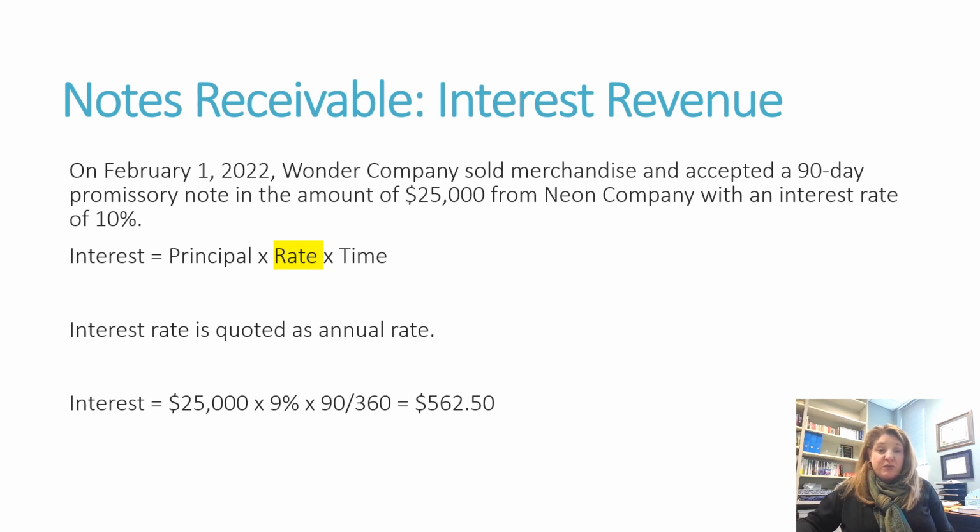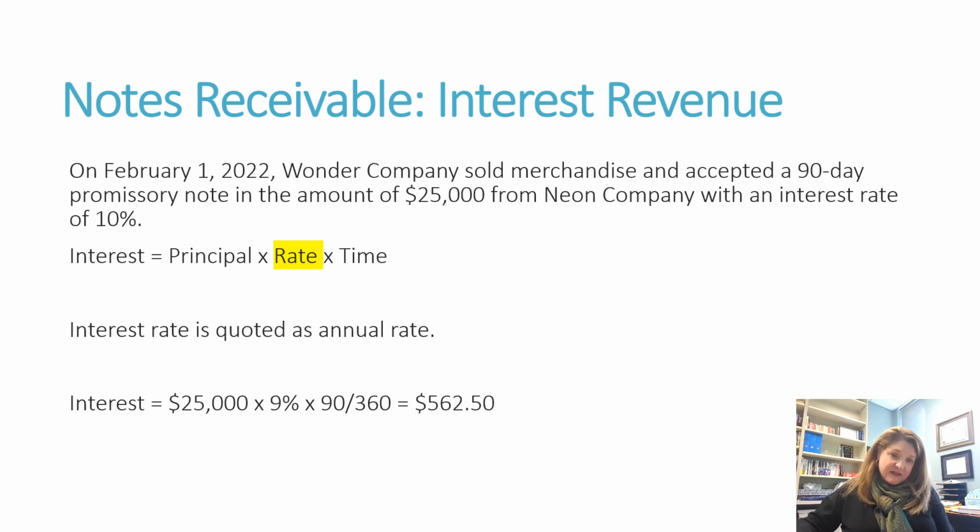So the sale took place on February 1, and we can calculate interest by saying interest equals principal times rate times time. We know that the principal is the $25,000, the annual interest rate is 9%, and if we wanted to calculate the total amount of interest revenue that Wonder is going to earn, we're going to multiply that times the fraction 90 over 360.